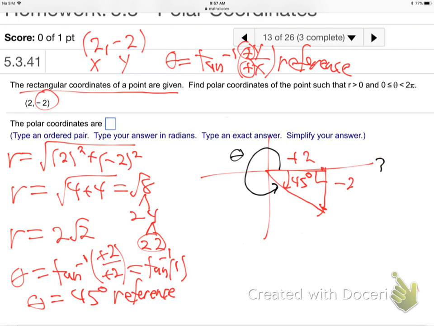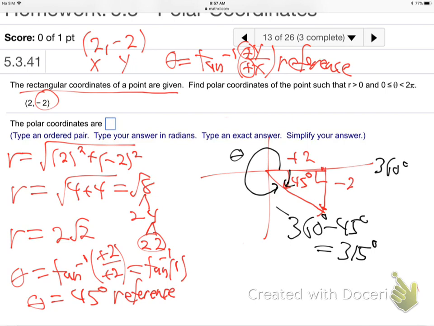Because you go all the way to here, 360, and then you back up 45. So 360 minus 45, whatever that is, 315? 315 is the actual angle. Yes? So if you have your calculator say it in radians, you get like 0.78 as the reference.